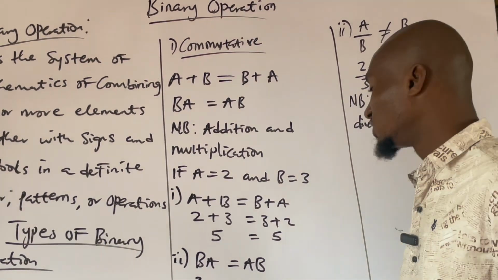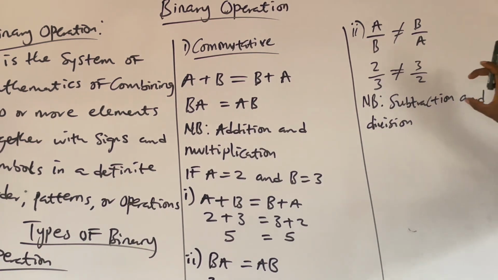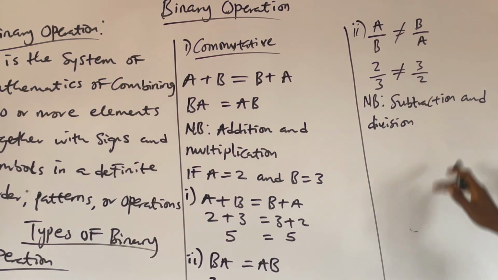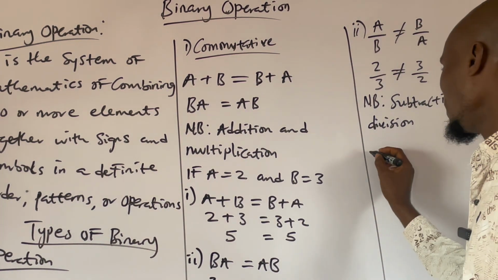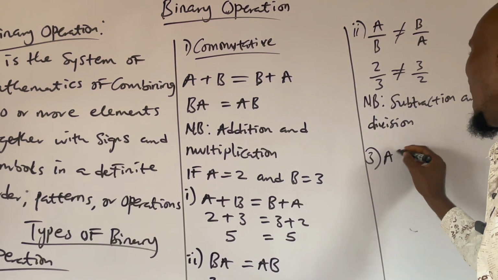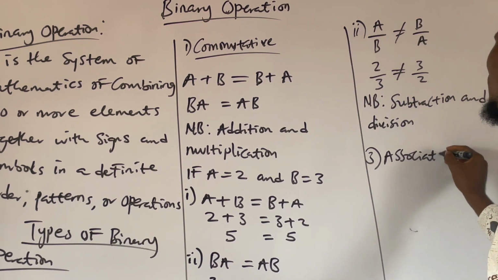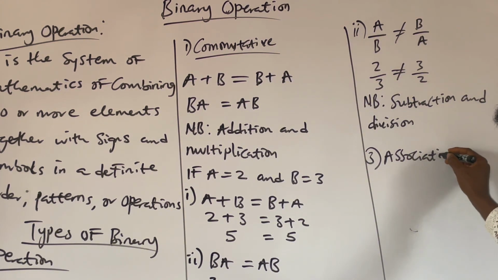So non-commutative has to do with what? Subtraction and division. The third one is associative.